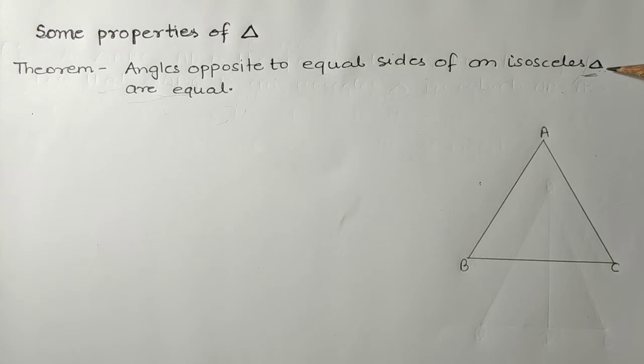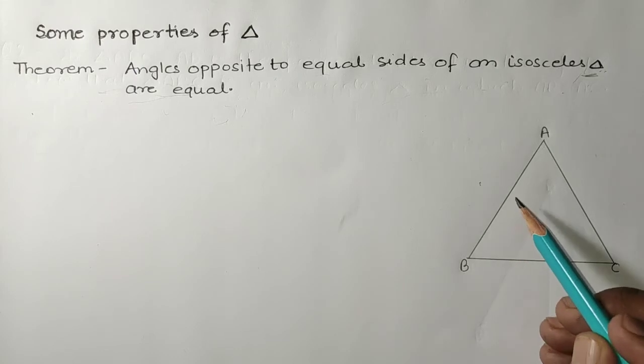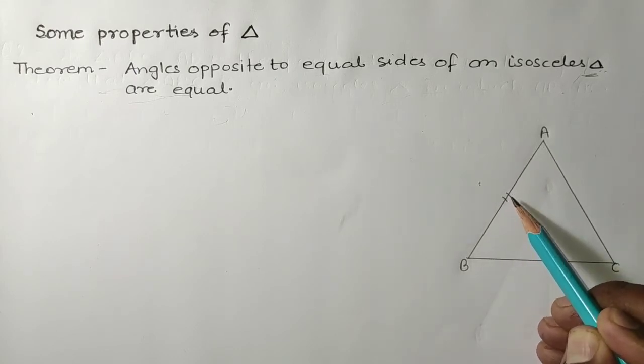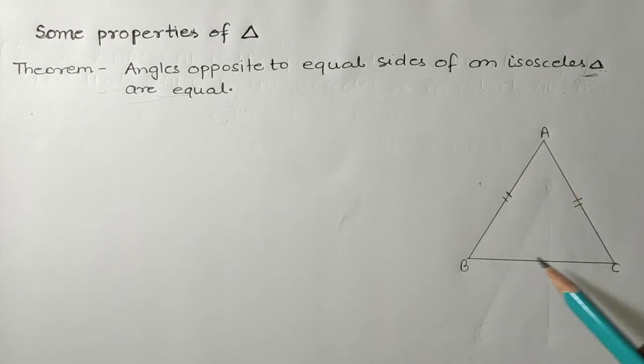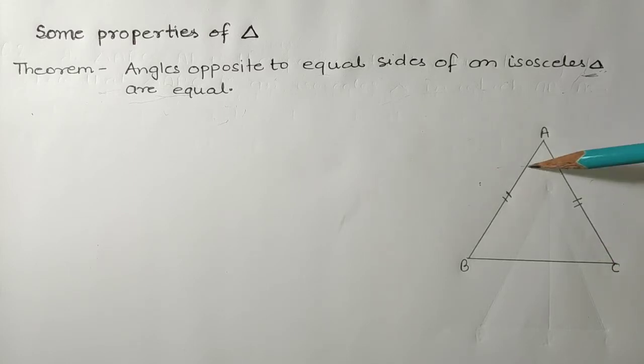When I was telling you about dividing triangles on the basis of sides, I told you about the isosceles triangle: if in a triangle two sides are equal, suppose in this triangle side AB is equal to side AC, then this type of triangle is known as an isosceles triangle. That means the third side will be unequal to these two.